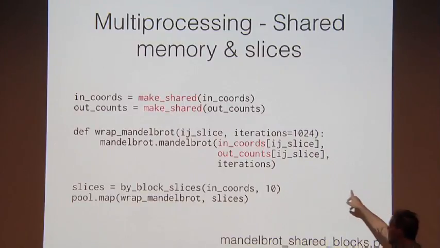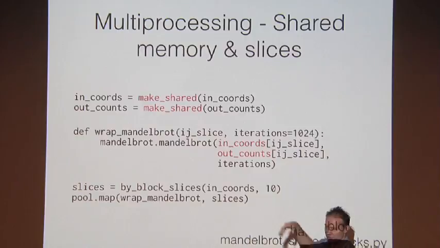And then the wrapper function refers to the shared variable. Any process that reads from it gets the same answer that any other process would get. Anyone who writes to it can see the result. Is this clear? When we get to threading, this won't be necessary. But we're getting that from the multiprocessing machinery.